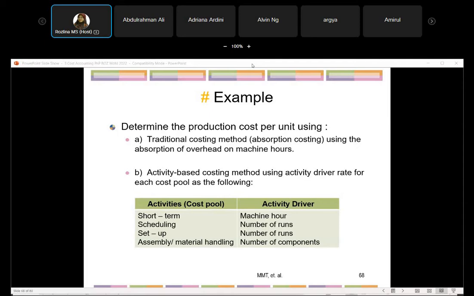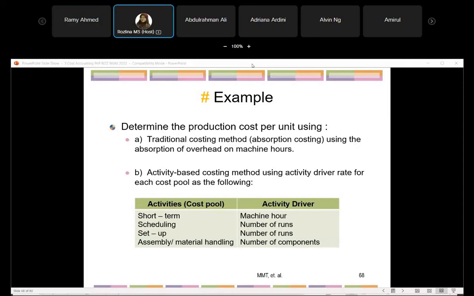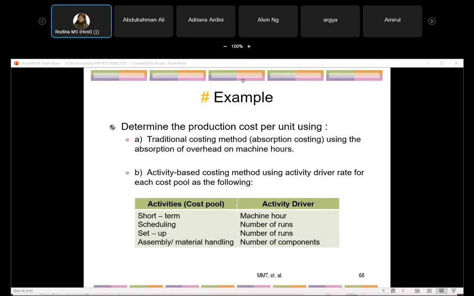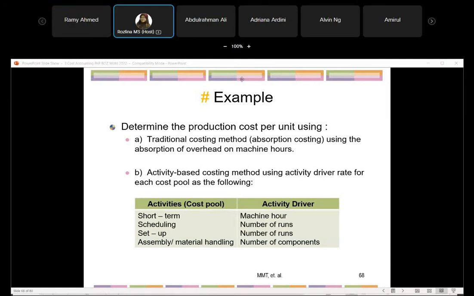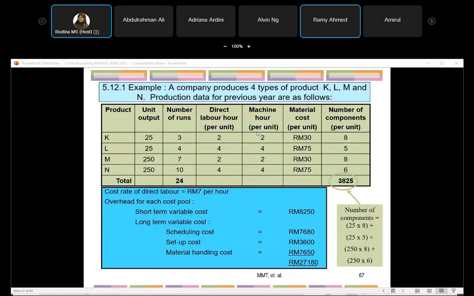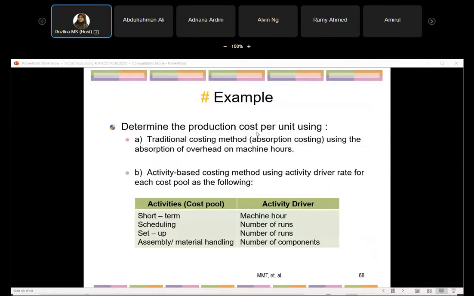So, what is overhead? Sorry, I cannot hear. Overhead, what does it mean? Who can answer?